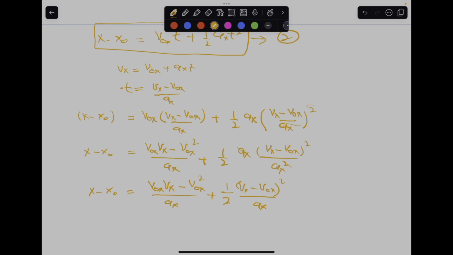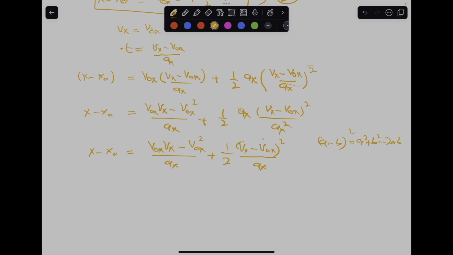Here we can open the formula a minus b whole square, which is a square plus b square minus 2ab, and both have ax common. So we can take an LCM, or take this common as well.